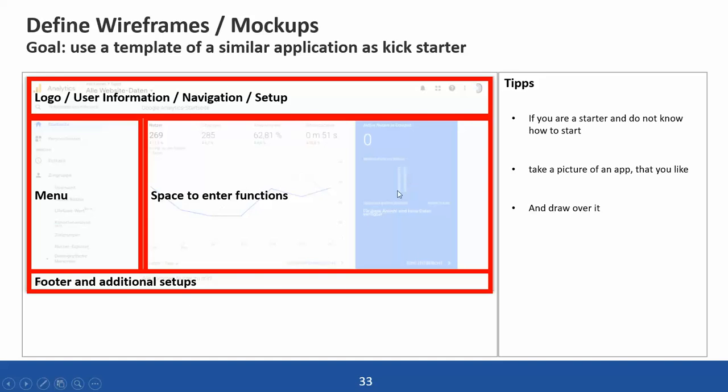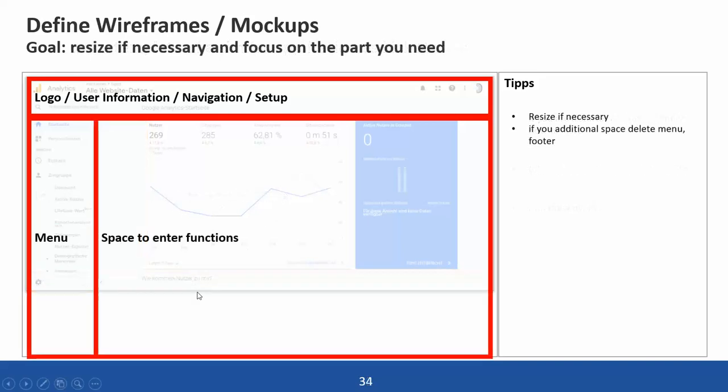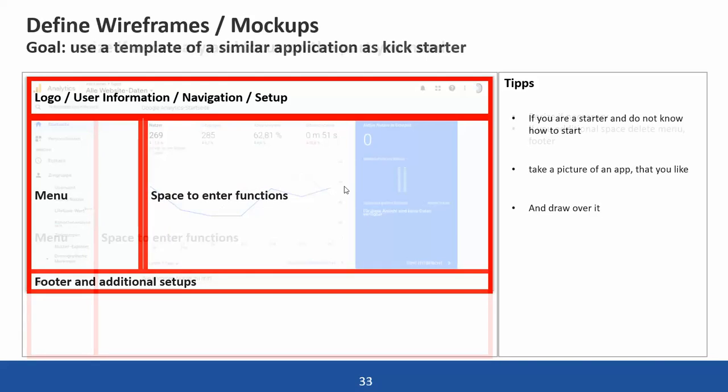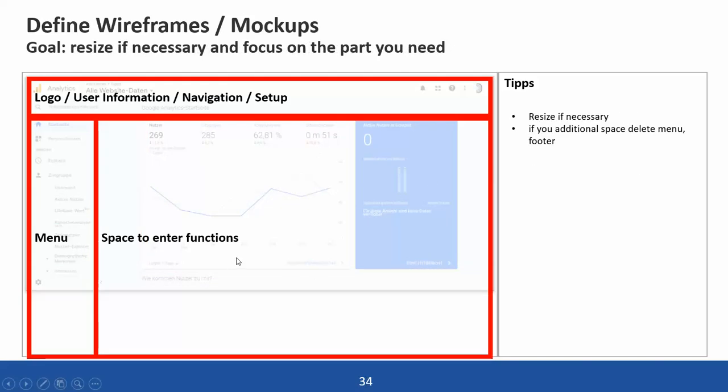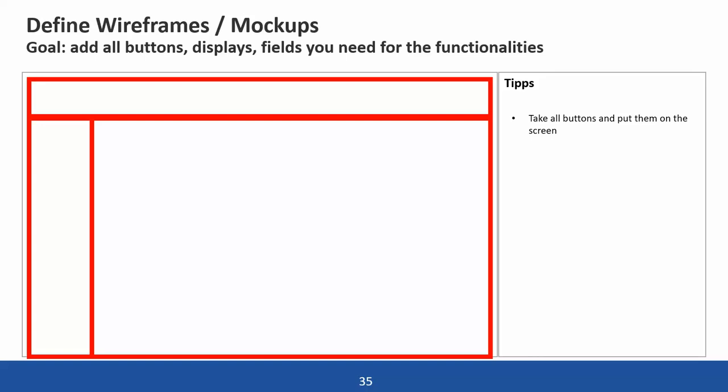Then you copy the whole screen and delete all the parts you do not need and only write down that the screen looks like screen 1, but I want to focus here on these things, and so I'm enlarging this, and every developer will understand, okay, it's not that in this screen I will lose the footer, but I don't see it because it's not necessary here, and we can focus on the space here to enter the functions.